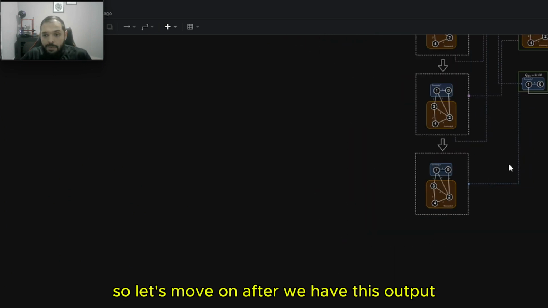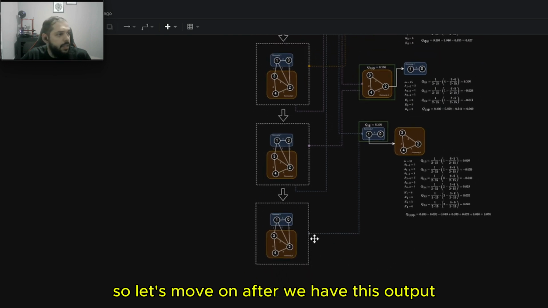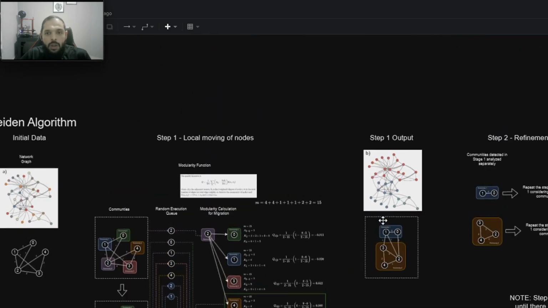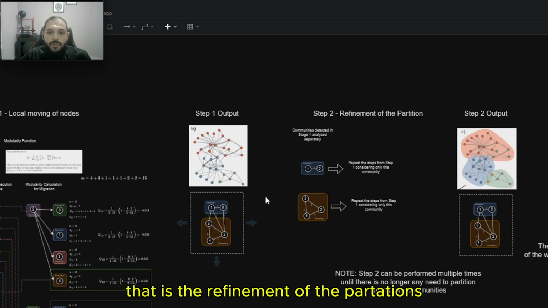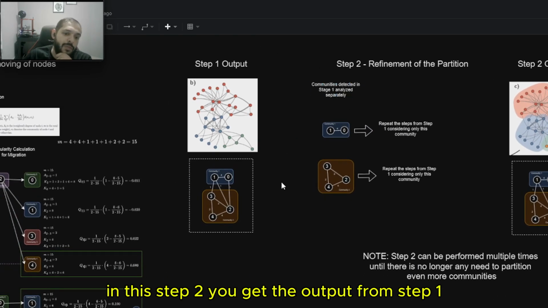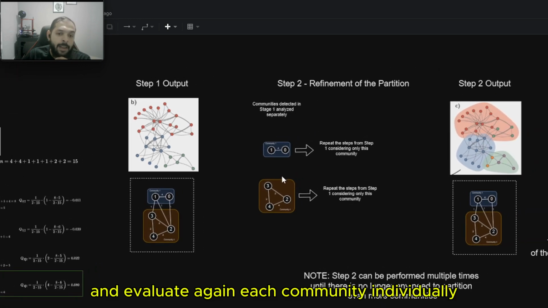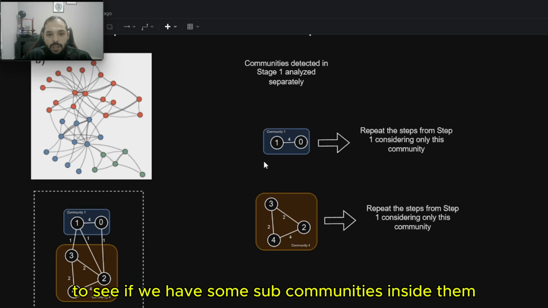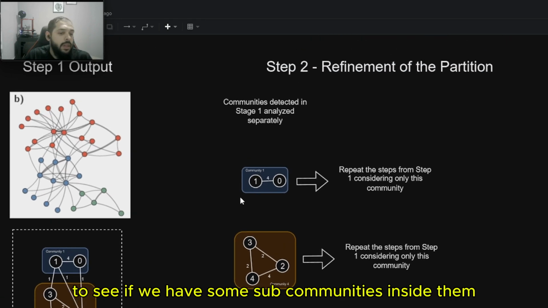So let's move on. After we have this output, let's go to step 2, that is the refinement of the partitions. In this step 2, we get the output from step 1 and evaluate again each community individually to see if we have some sub-communities inside them.